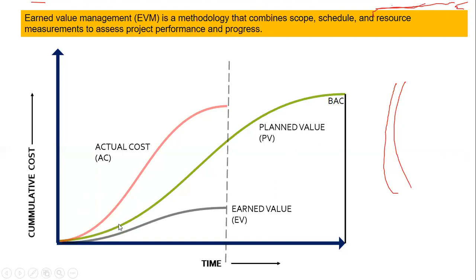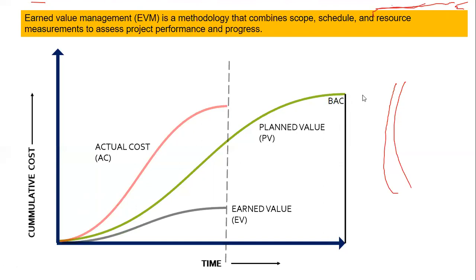Planned value is a plan of how much you are going to spend each month, and earned value is how much you have earned after delivering value to the customer. You can see that you have planned a lot but earned very little. And in order to earn this, you have spent more than planned. So what is the indication for this project? This is purely out of budget, right?